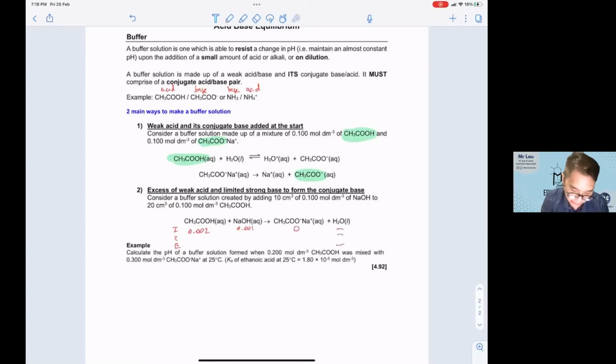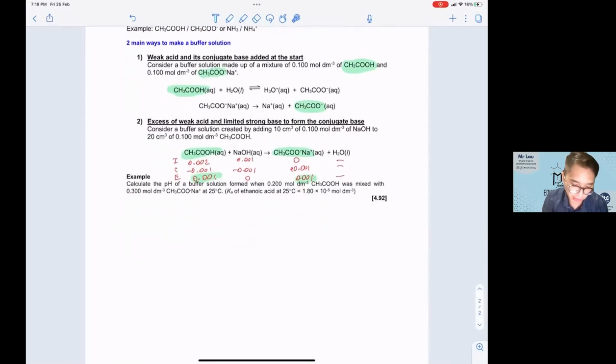Your NaOH is limiting, so it'll be completely used up. End result is you will find that at the end, you have both the weak acid as well as its conjugate base left over. So this will result in a buffering system as well. So either of these scenarios will lead to a buffer system being formed.